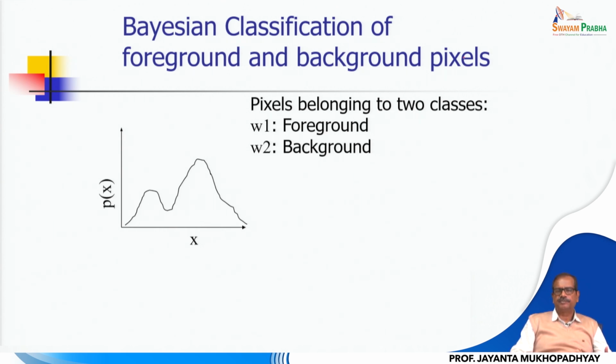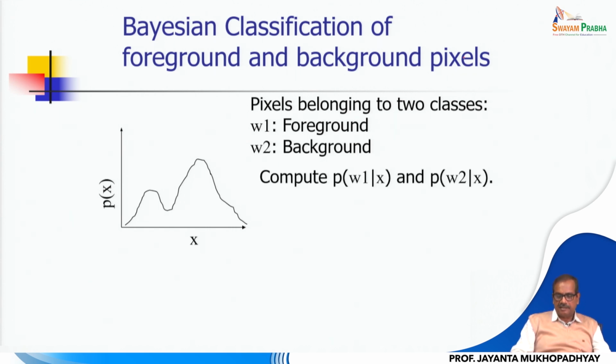So when you have two classes, we can ask what is the probability of x given the foreground. Given foreground pixels, that means text pixels, there is a certain probability distribution, certain possibilities of having brightness values of a pixel. Similarly for background, certain probabilities.